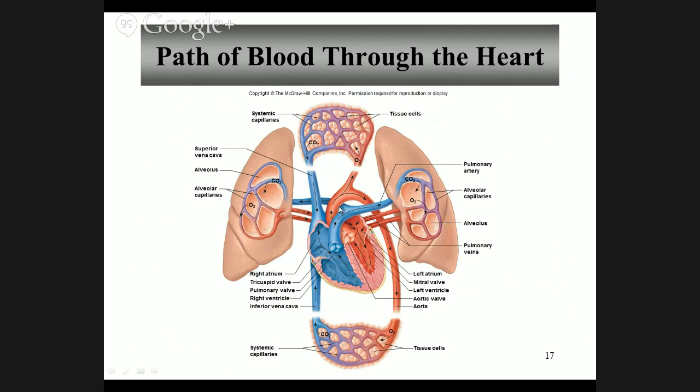to each separate pulmonary artery, the left and right, and then in the lungs, in the alveolar capillaries, there's gas exchange again.